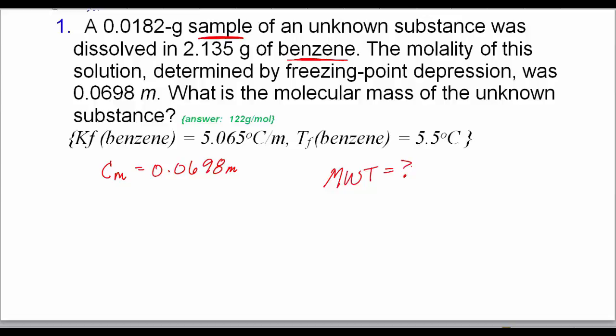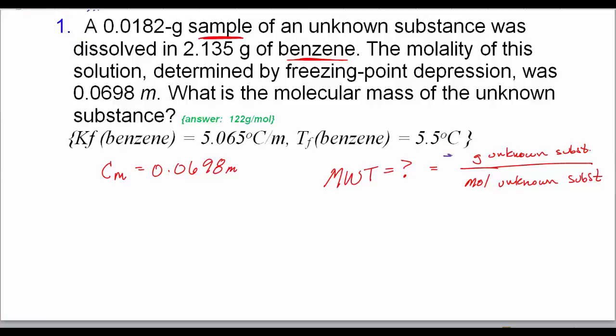Okay, this is going to be a two-part question, because what is molecular weight? Molecular weight is grams over moles, right? And it's this unknown substance, so it's kind of like the grams of this unknown substance divided by the moles of that unknown substance. Now do you see that we already know one of these?